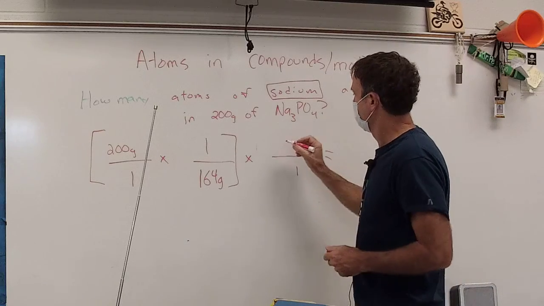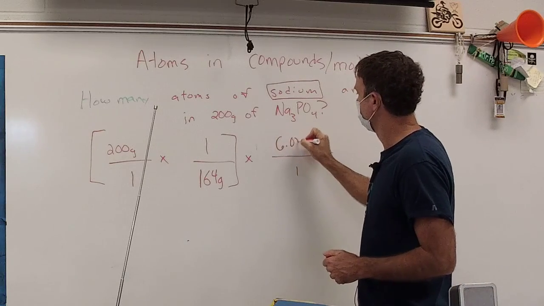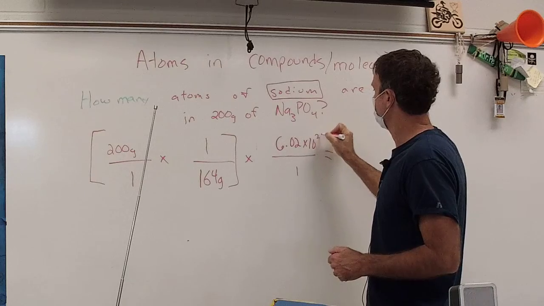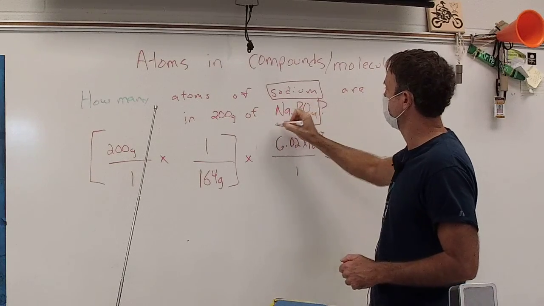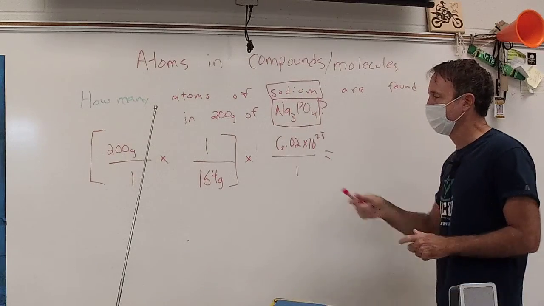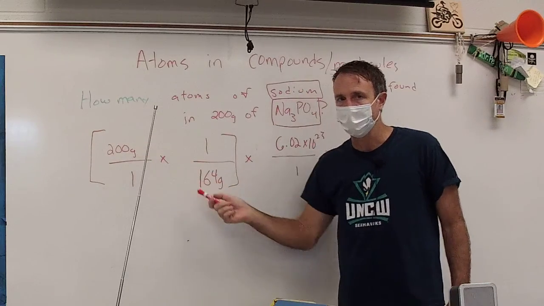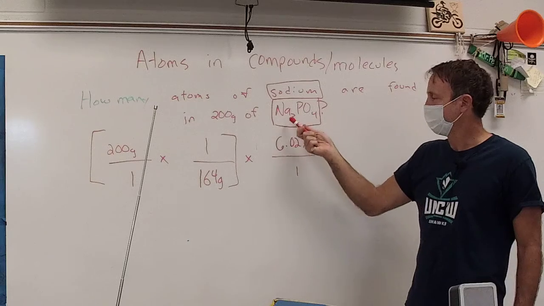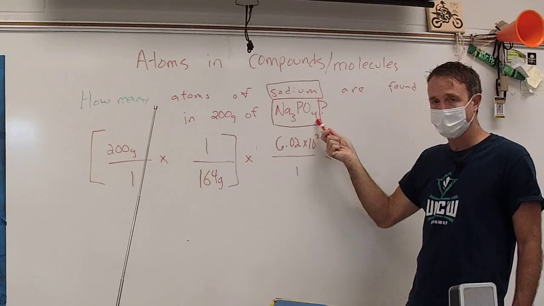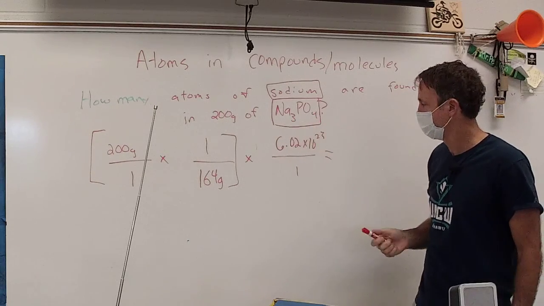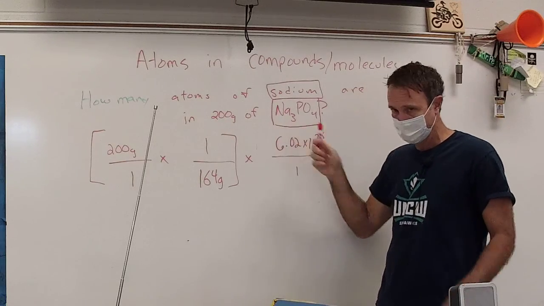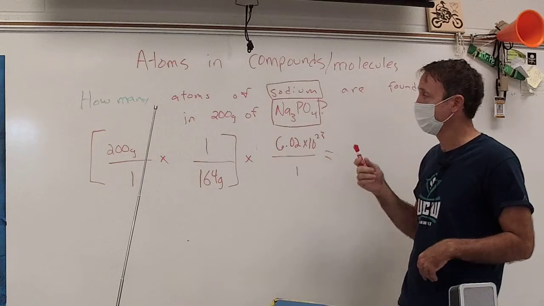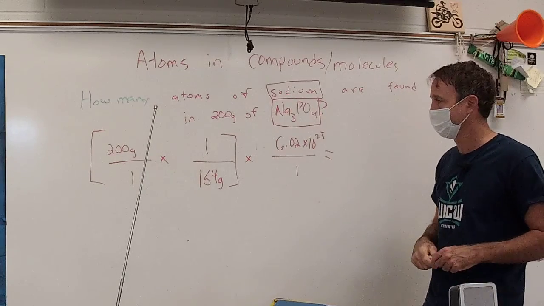When we finish this equation, that's going to tell us how many total compounds of sodium phosphate we have. We have to pretend that they're asking us about sodium phosphate first, and then we're going to turn around and solve it just for sodium.